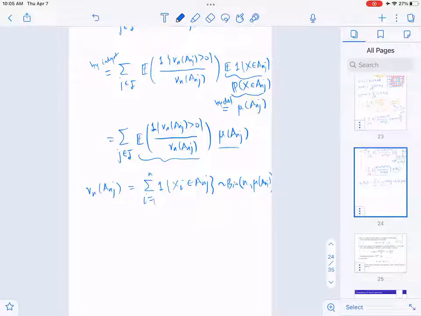So it's just a binomial with n and mu(A_j). So if you recall, all right, I haven't posted the homework yet, but something very similar happened when we did the simple warm-up example. So you have a binomial.